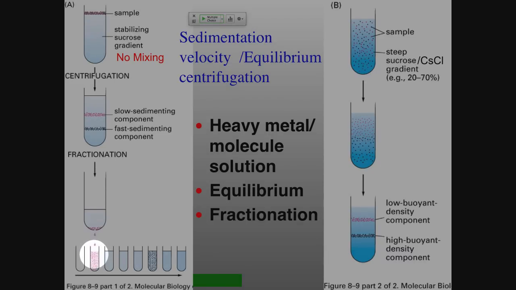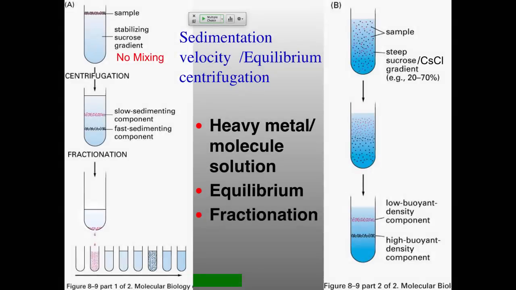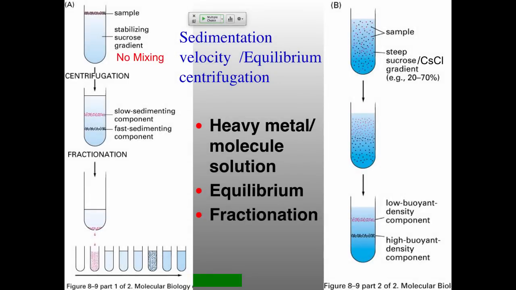You have some drops that have nothing in them, and eventually you'll get to your slow sedimenting component as well. And now by just looking at what's in each of these tubes, say for instance by SDS-PAGE electrophoresis, you can get an indication of what's a slow sedimenting or a fast sedimenting component. So this is a sedimentation velocity experiment.